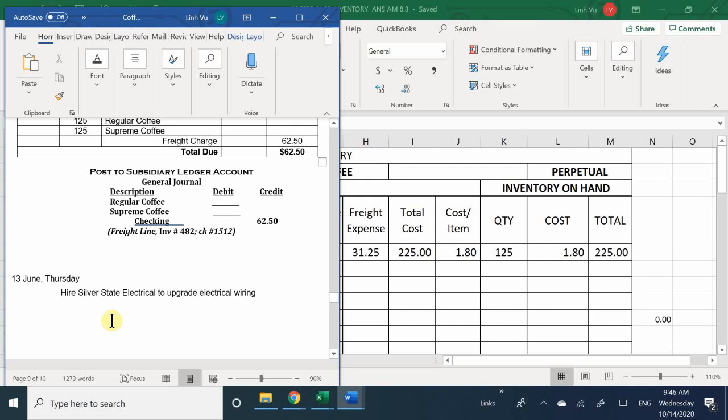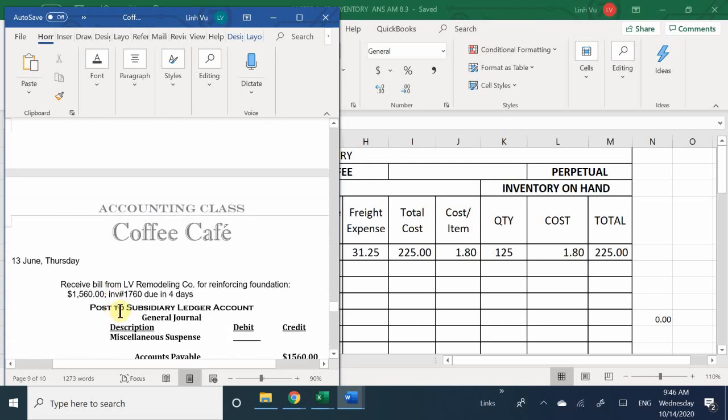Yes. So with that being said, do we need to record this transaction? No. We're just hiring. No bill was sent. No contract was made. So in this case, we just hired somebody. They're going to do a job for us. They're going to bill us.